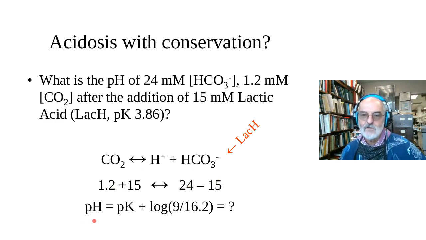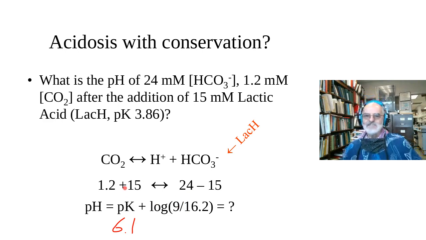So now the pH is equal to the pK 6.1 plus the log of 9. Notice this is now 9 on the right, bicarb, and on the left we've increased this to 16.2.